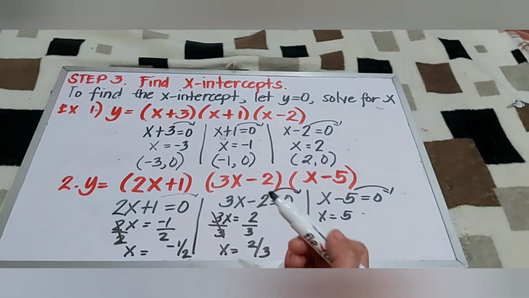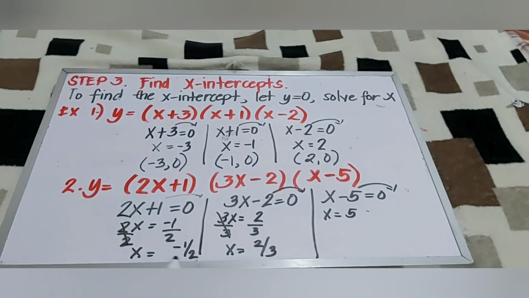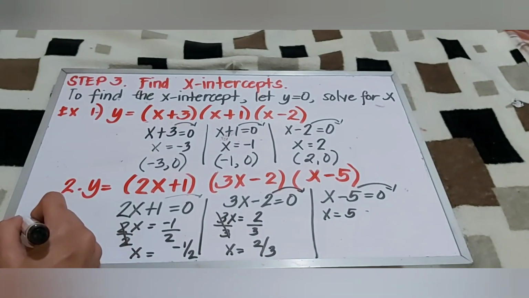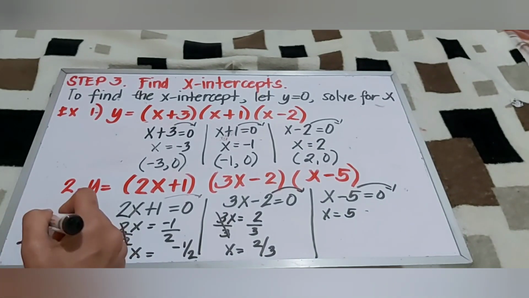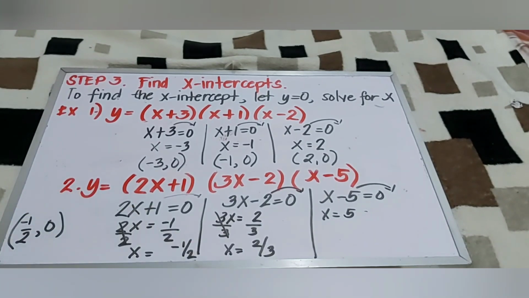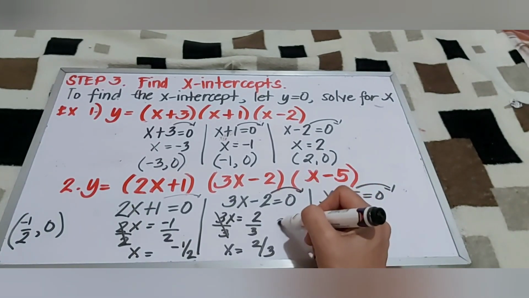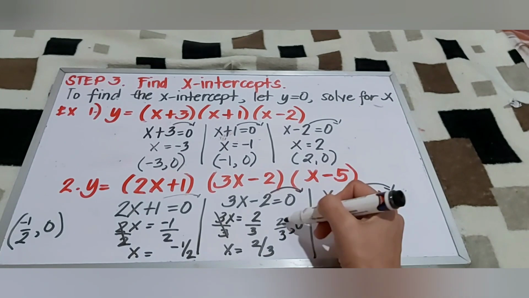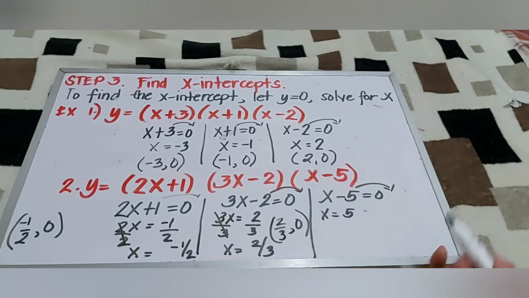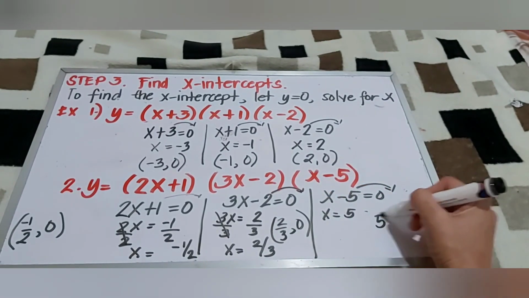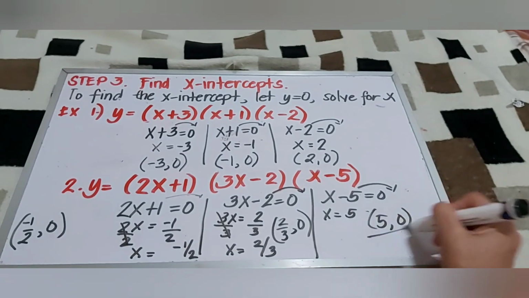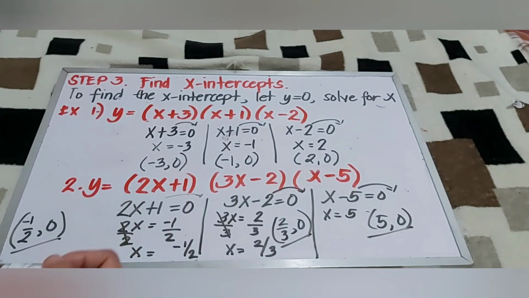Isulat natin siya in the form of ordered pair. So, in the first x-intercept, we have negative 1 half and 0. That's 1. On the second one, we have 2/3 and 0. That's 2. And then we have 5 and 0. So, these are the x-intercepts of our given function.